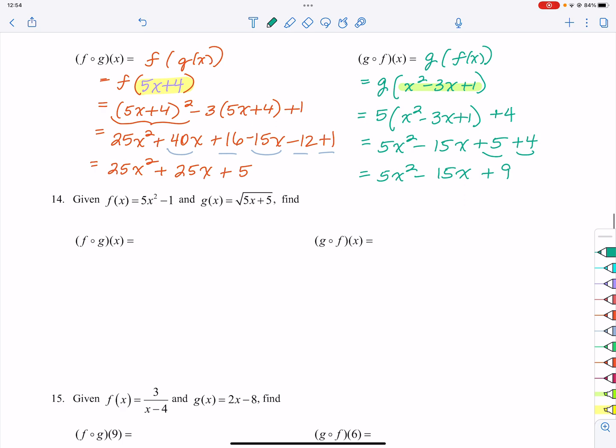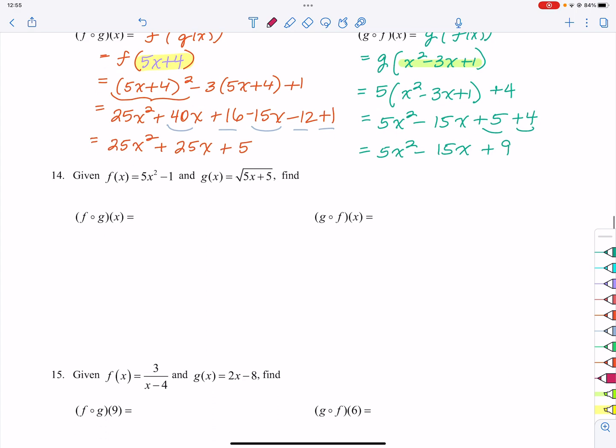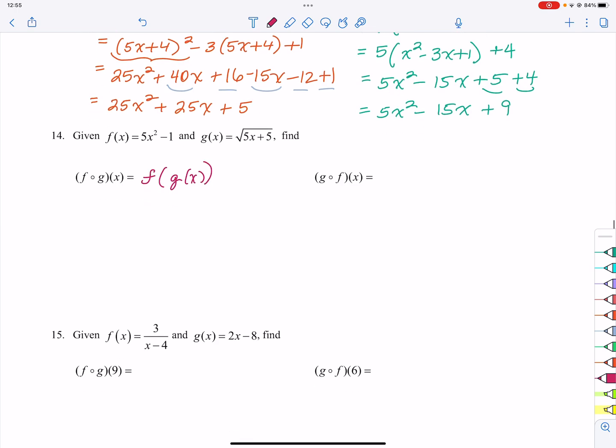Okay, let's try this next problem. f of x is a quadratic function, 5x squared minus 1, and g of x is given as the root of 5x plus 5. We are looking for f composed with g of x, and that's defined as f of g of x, and that's equal to f of root 5x plus 5.